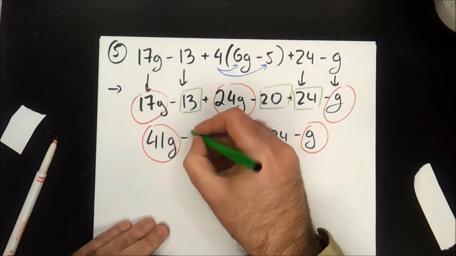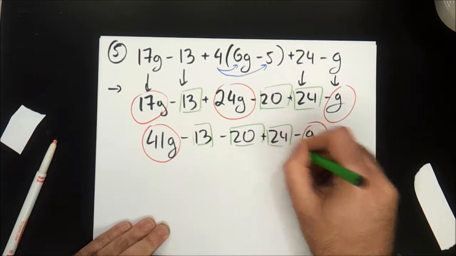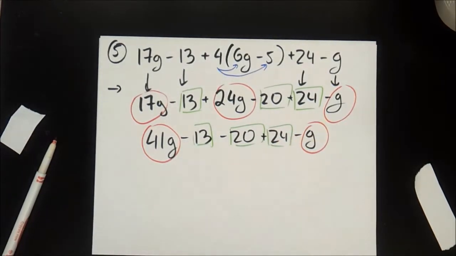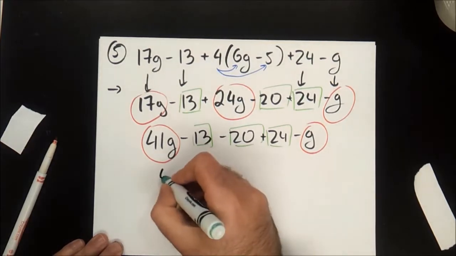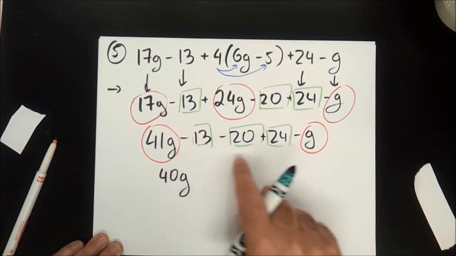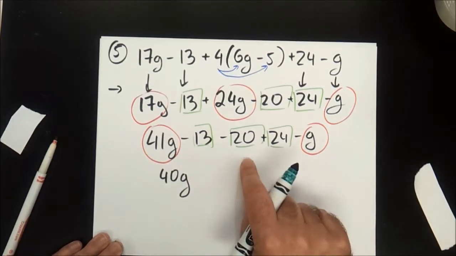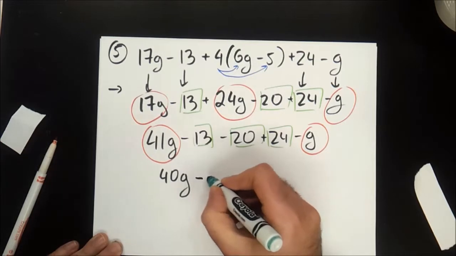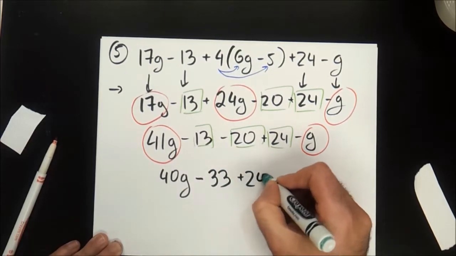And these are all constants. I didn't mean to do this a step at a time, but oh well. 41g minus a g, that's 40g. Negative 13 minus 20, that's going to be a negative 33 plus 24.